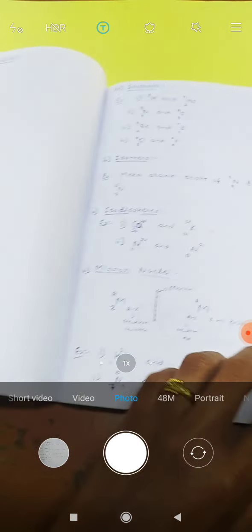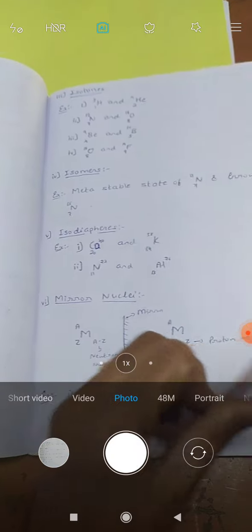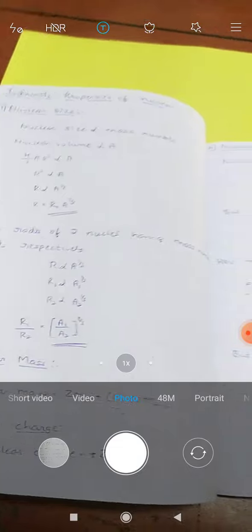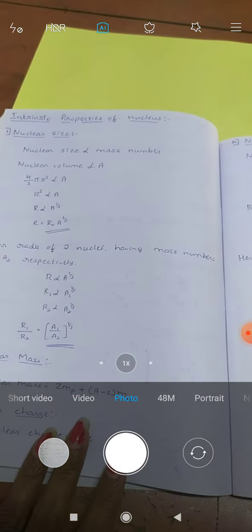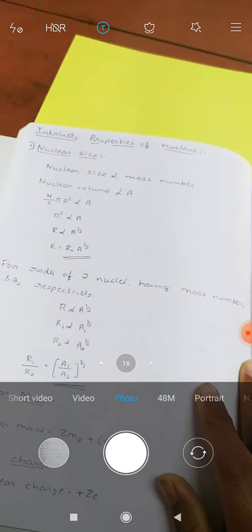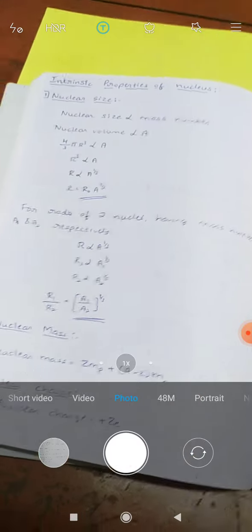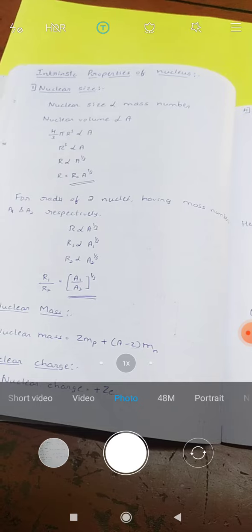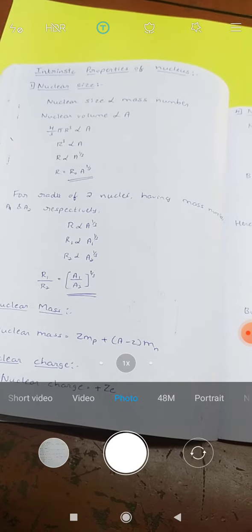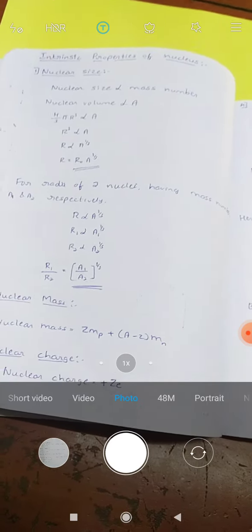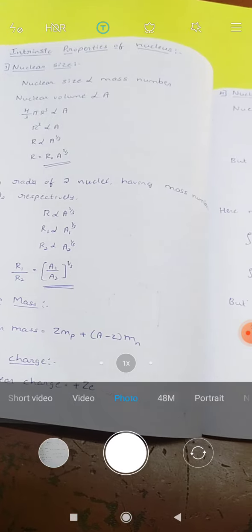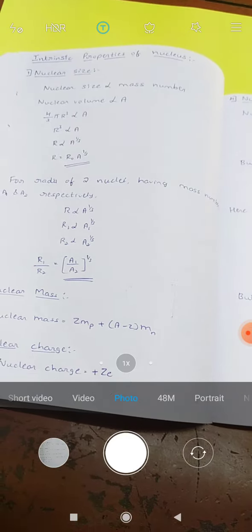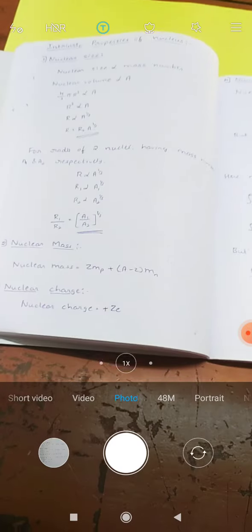The next concept, intrinsic properties of the nucleus. First one is nuclear size. The next ones are nuclear mass, nuclear charge, nuclear density, nuclear force.